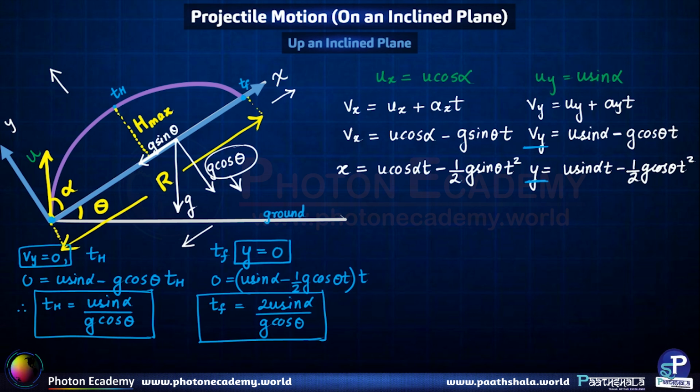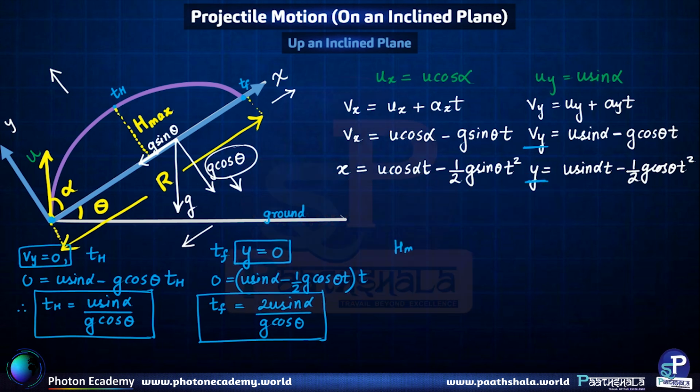Next is to find the maximum height. To find the maximum height, we use the physical intuition that vertical velocity Vy equal to 0 when the particle reaches the maximum height.